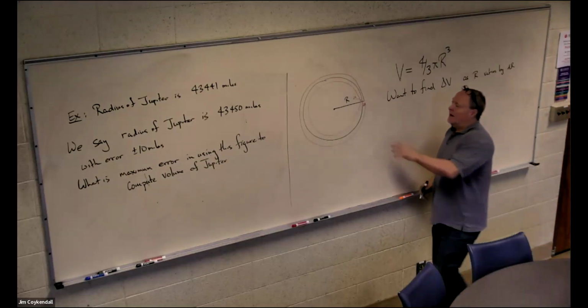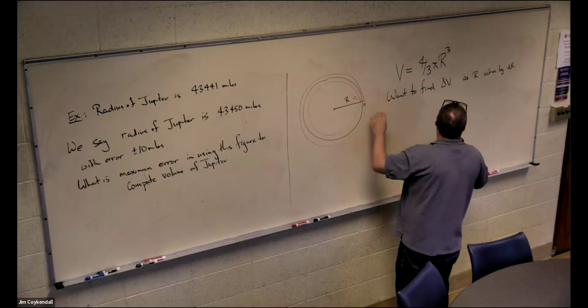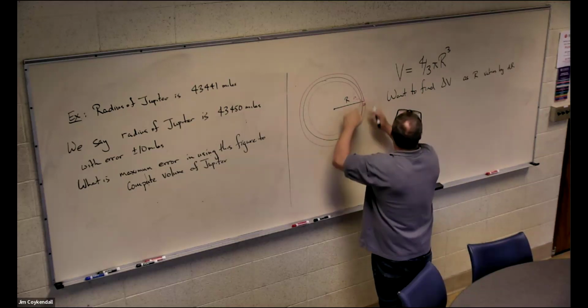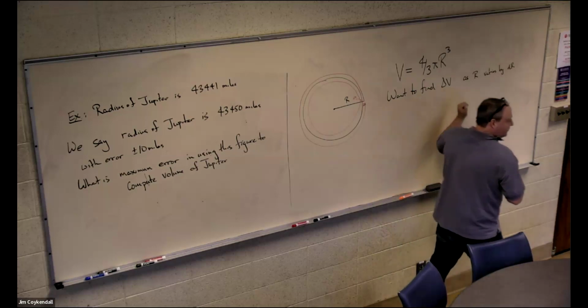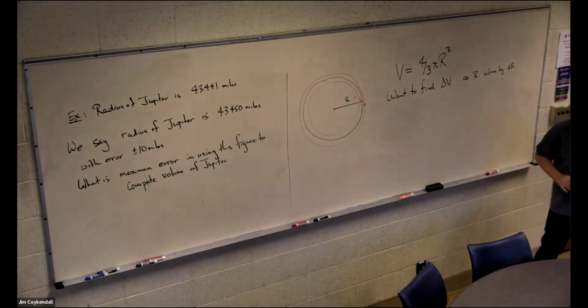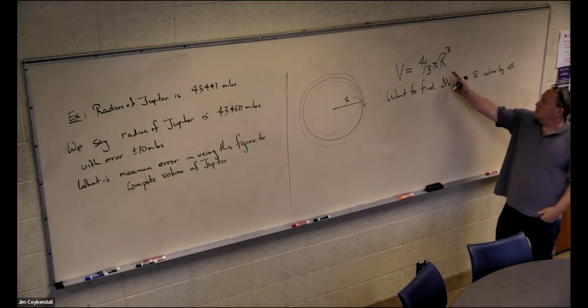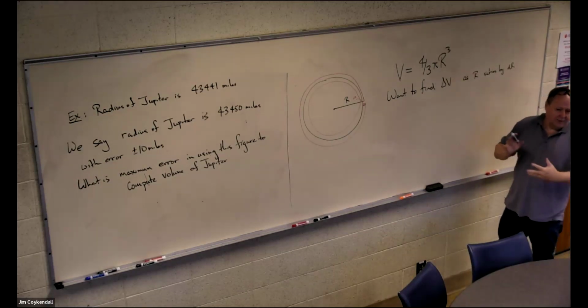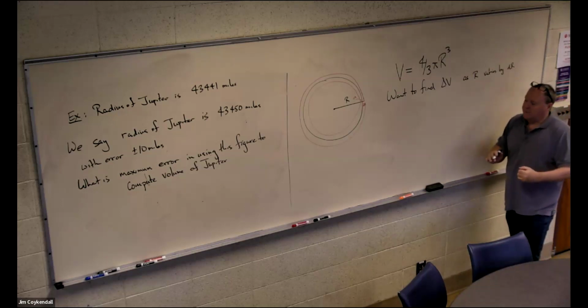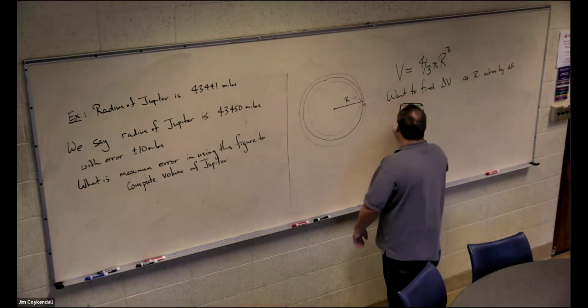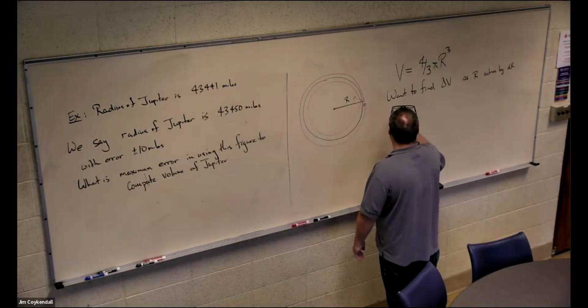What we want is to find how much changing R one way or the other changes the volume. This is too hard to compute directly. What you have to do is compute the volume with R plus dr, and R minus dr. So here's the whole idea on differentials in this case.